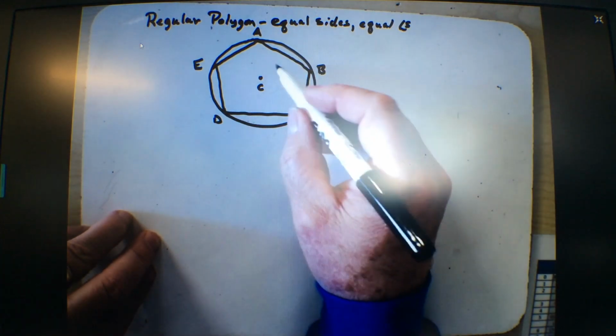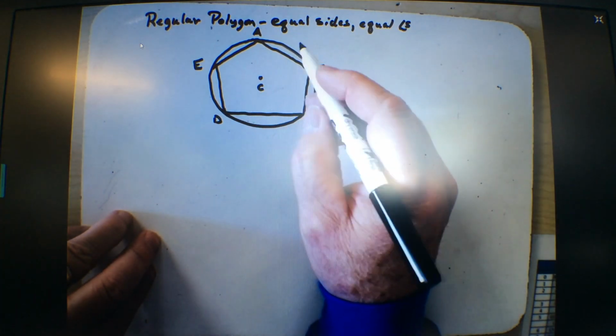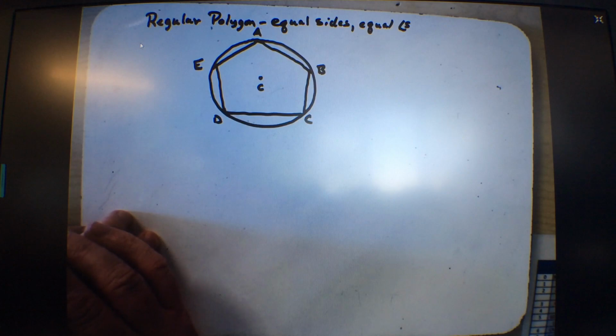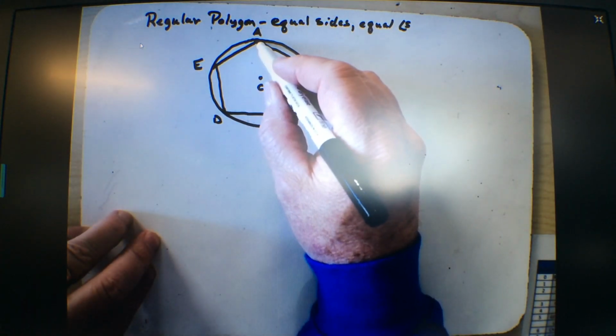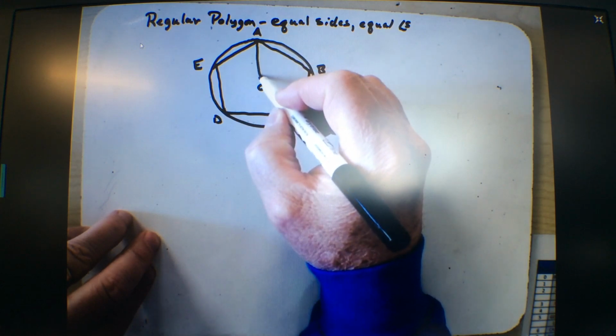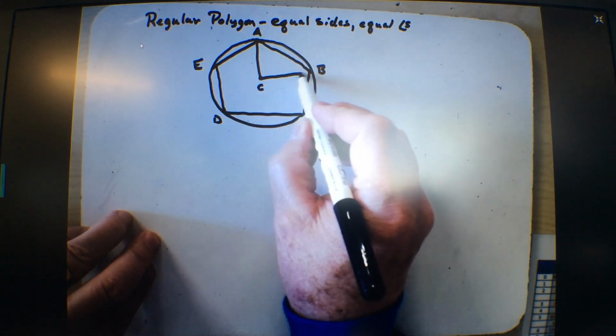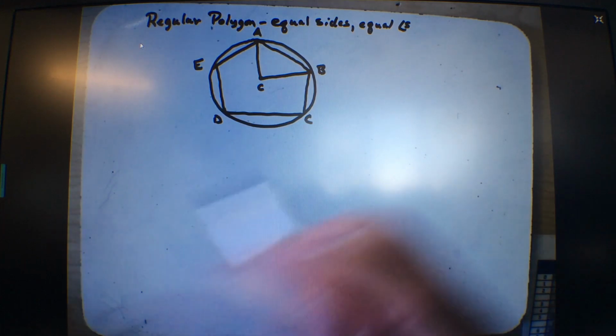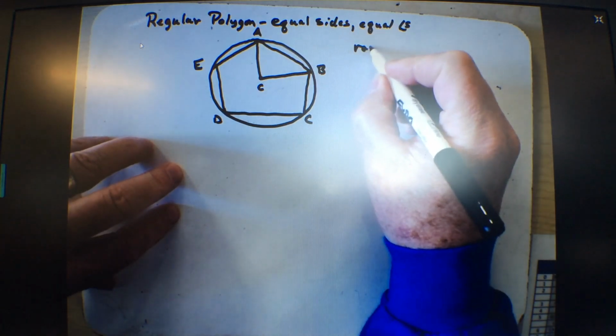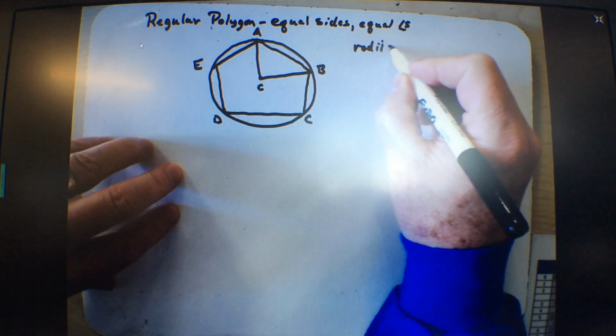So here we go. Here is a regular pentagon. It's inscribed in the circle, correct? Remember it's regular, so the sides are equal. What I'm going to do is connect this right here. Okay, so the two lines that I just drew are what? They're radii. So if I need radii, I've got two of them.